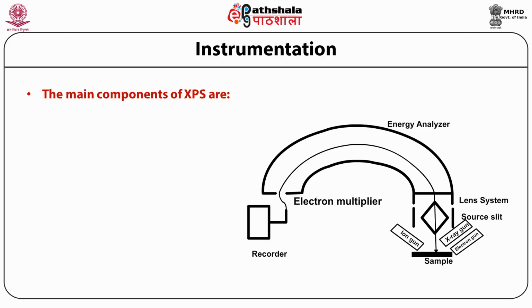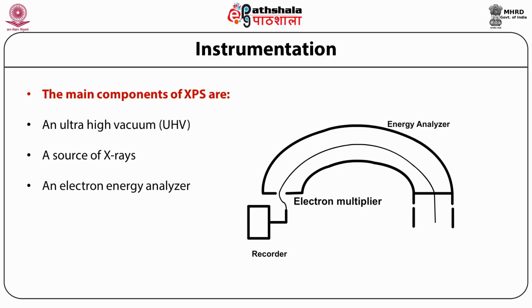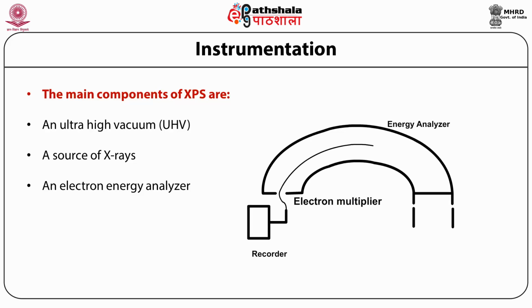The instruments for electron spectroscopy require an ultra-high vacuum environment with a pressure in the range of 10 to the power minus 8 to 10 to the power minus 10 millibar, where 1 millibar is equal to 1.33 torr.